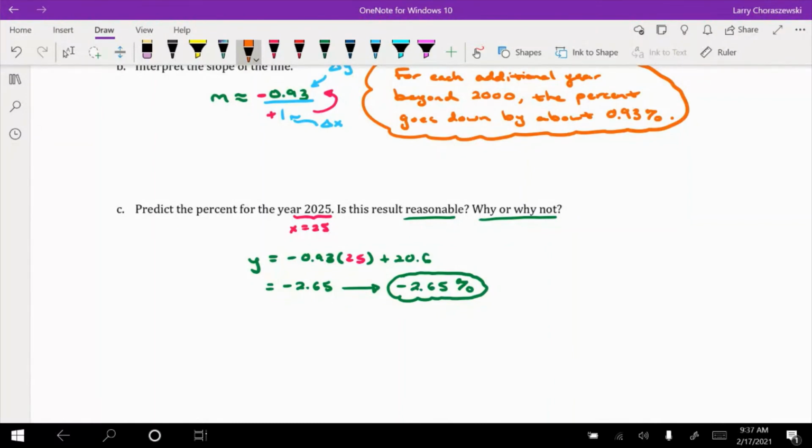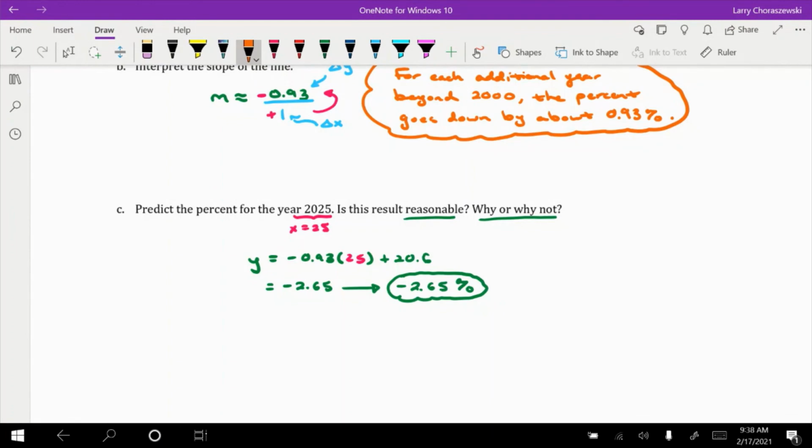Now, we based this prediction on our equation, so the y values are dictated by the equation. Mathematically, the percent for the year 2025 is negative 2.65%. Realistically, I would consider a different value for 2025 than what our model is predicting. So basically, no, this is not reasonable.